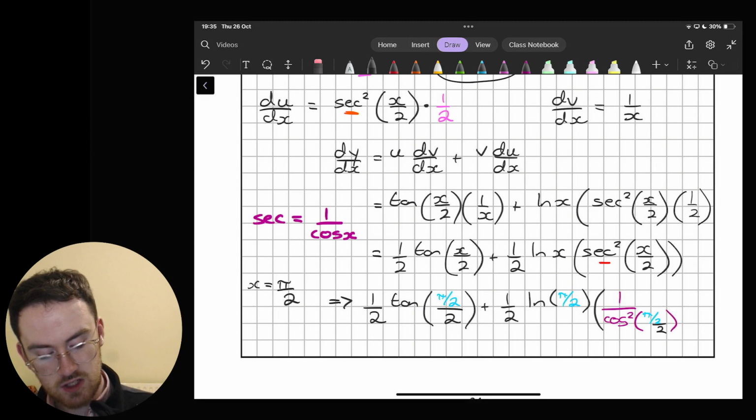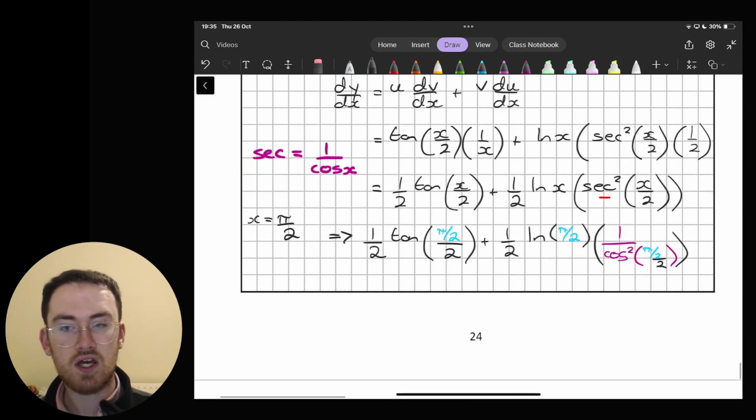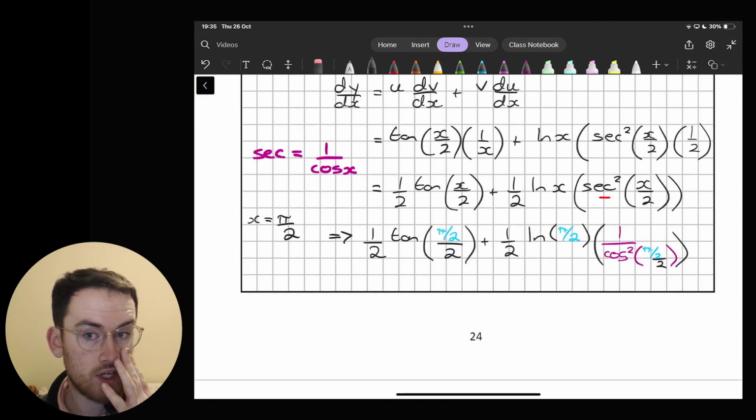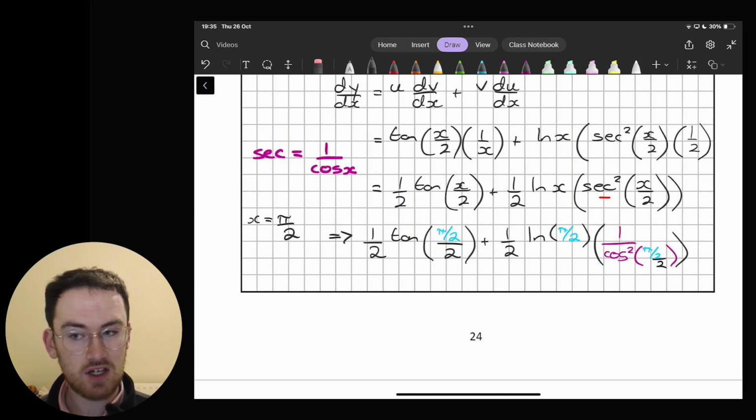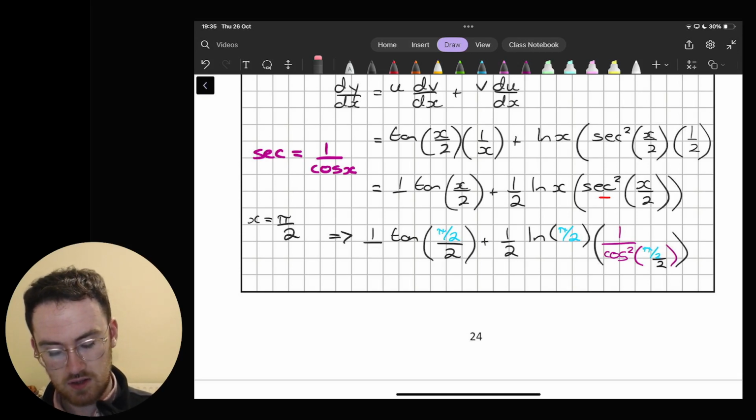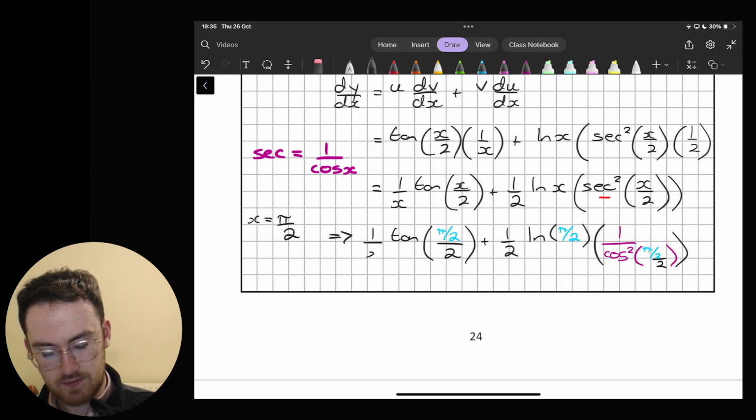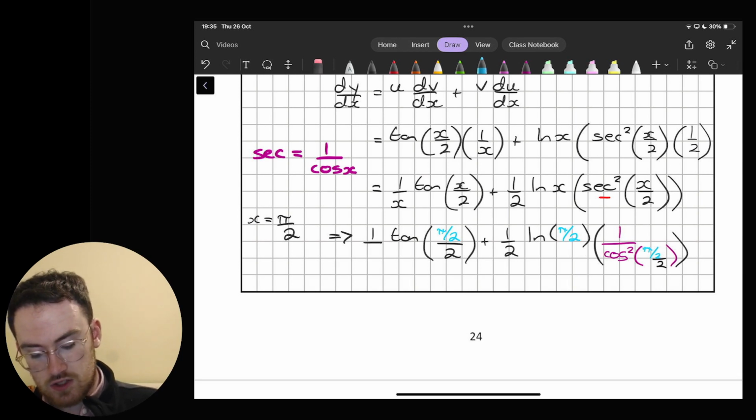Okay, so just rearranging my question to suit what I'm able to evaluate on my calculator, what I'm able to work out for myself. Just noting there as well, that should be an x from our first part. Okay, so we're doing good.